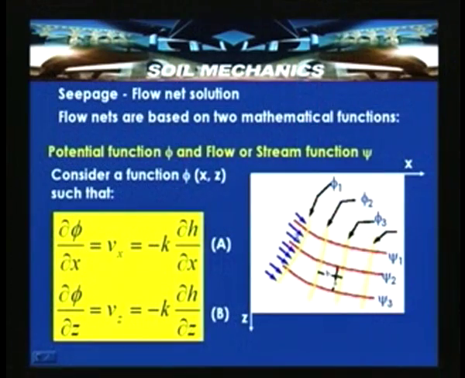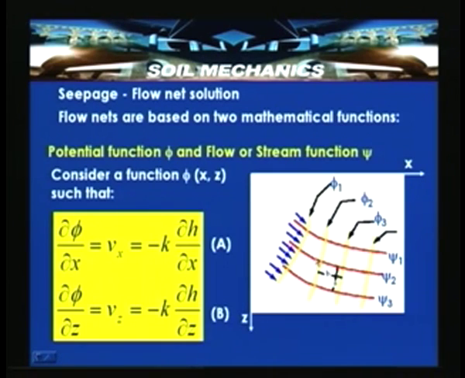So, in this slide a part of the partial flow net is shown. The red lines indicate streamlines, that is flow lines, represented by a function called psi 1, psi 2, psi 3, and the equipotential lines are represented by a function called phi 1, phi 2, phi 3. The flow is occurring in this direction.